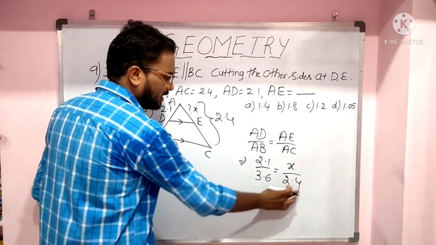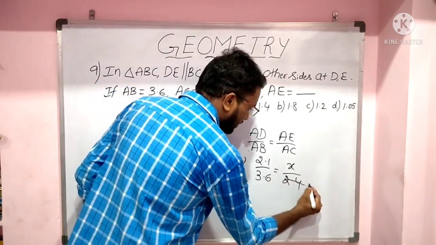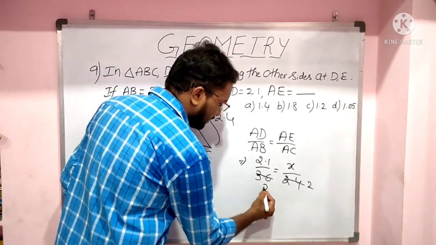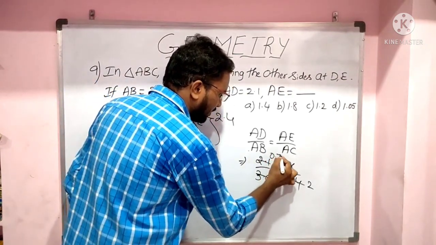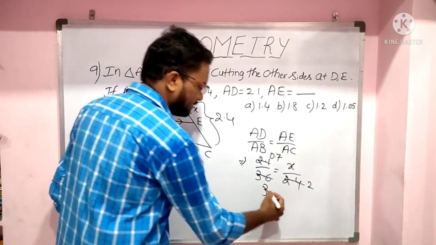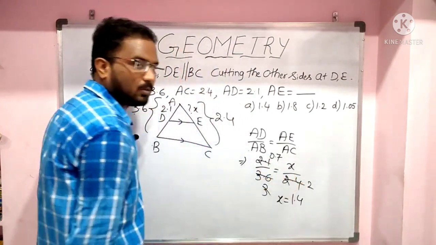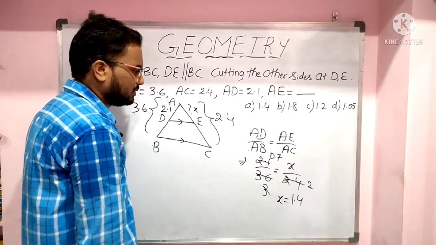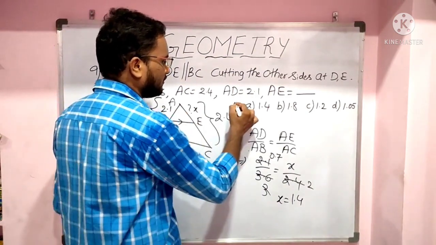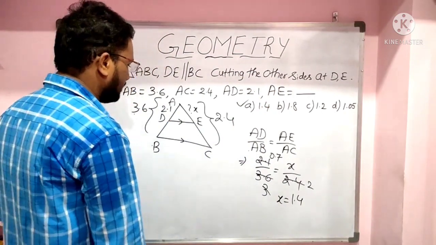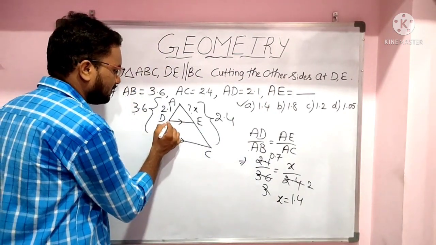Forget about the point. 12 3s are 36, 12 2s are 24. 3 ones are 3, so 0.7. So x is 0.7 into 2, which is 1.4. So AE is 1.4. Option A.